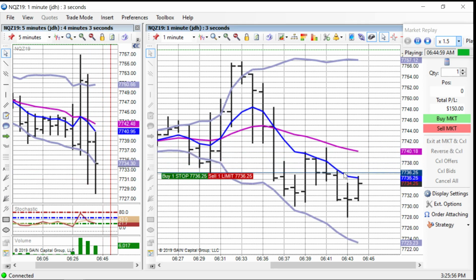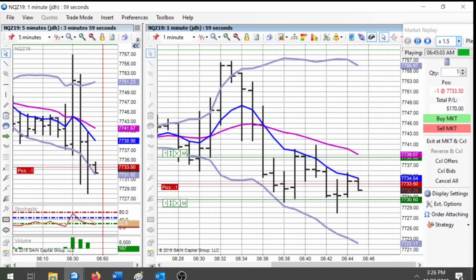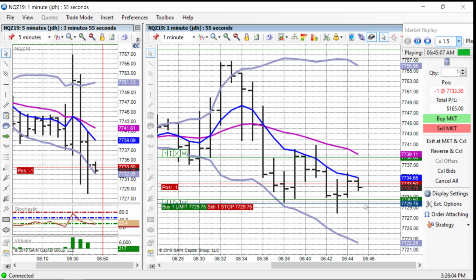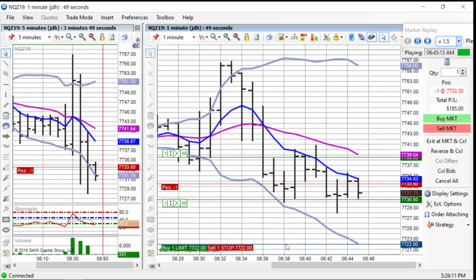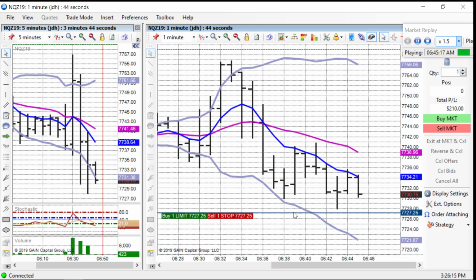But as long as this line is facing down, okay, there we go. That was a good entry, I feel, right there, because it's really within the range of these other price bars, so that should get hit. There we go.